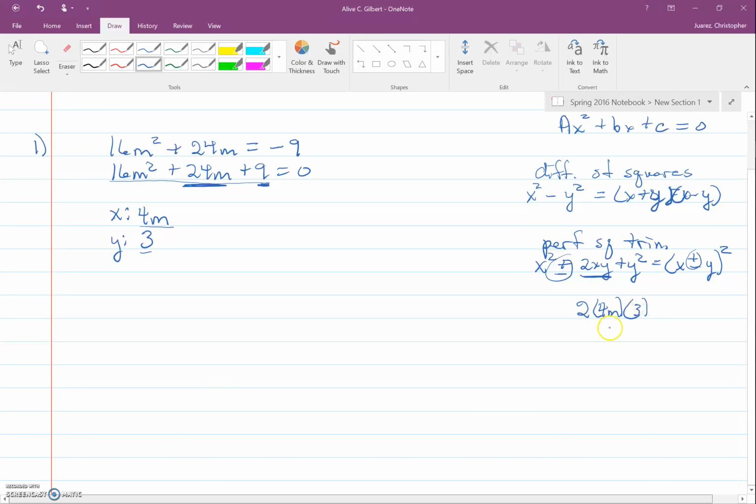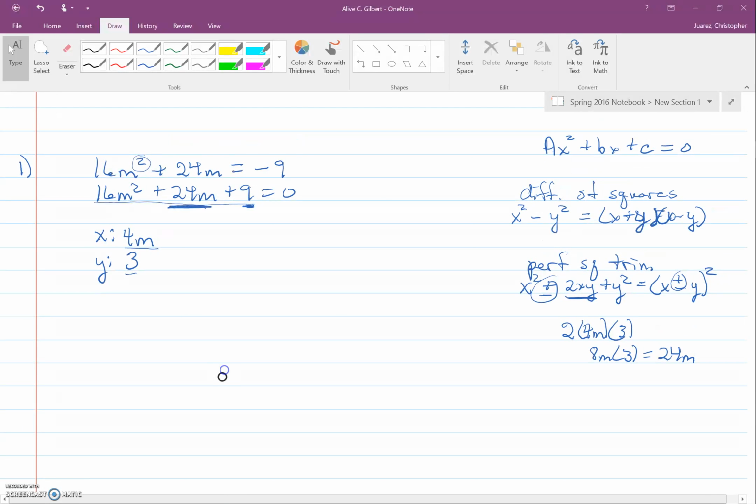Well, 2 times 4m is 8m, times 3 is 24m. That's what this is. So this indeed is a perfect square trinomial. Now, how many answers am I looking for? Well, 2. That's what tells me the highest exponent. Except if this is a perfect square trinomial, I'm looking for one less than that. So in this case, 1.